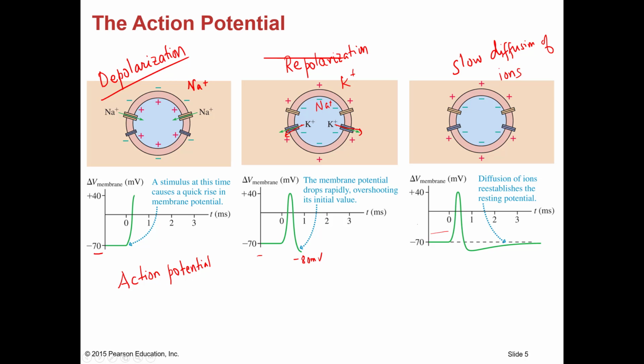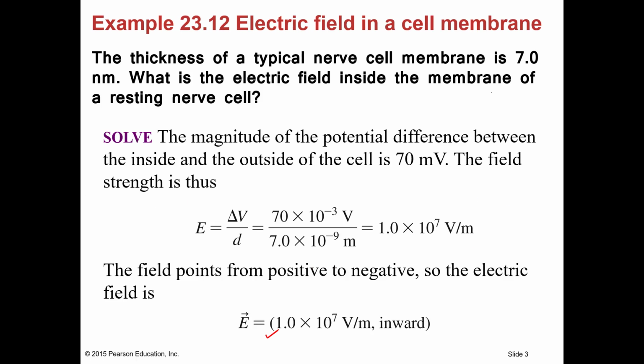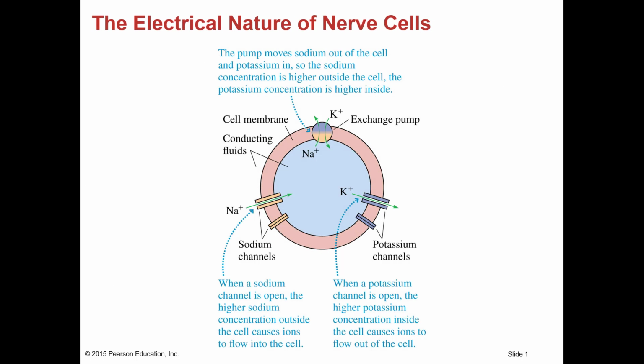And then now we have potassium outside and sodium inside, and we know there is this pump, and this pump will again maintain the same kind of ions inside and outside.